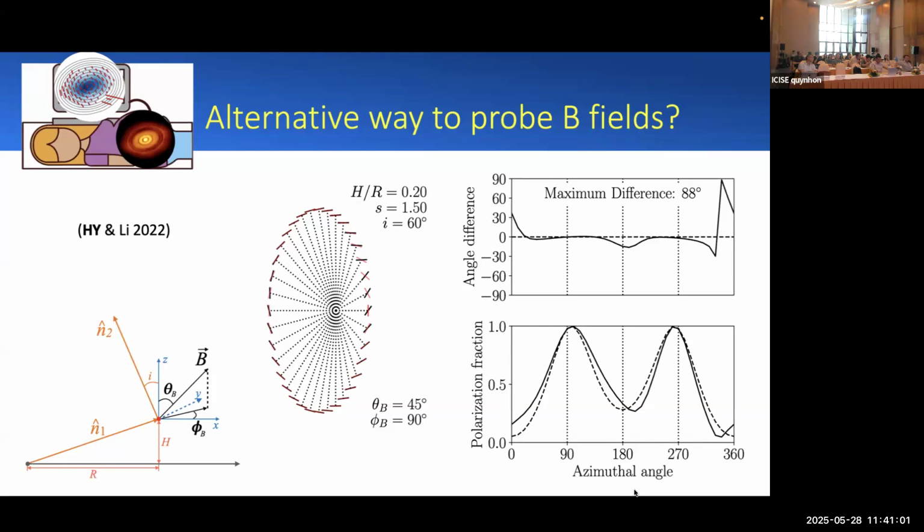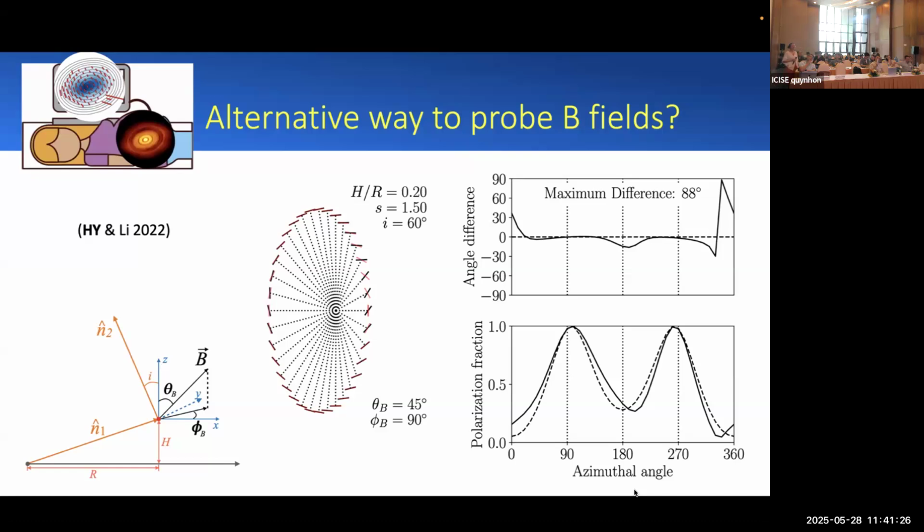In this study, we assume that grains are aligned with some sort of magnetic field. And this is one case where scattering of scattered light by grains aligned with the magnetic field will produce these black vectors. They are making an angle with the red vectors, which is the canonically assumed polarization direction that is perpendicular to the light incoming direction.